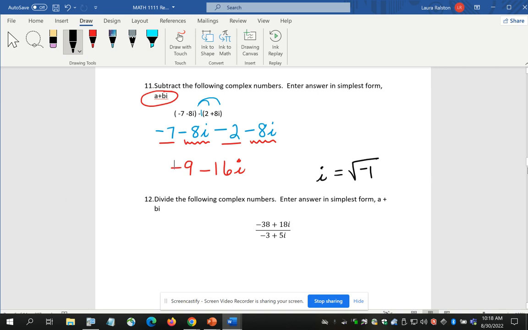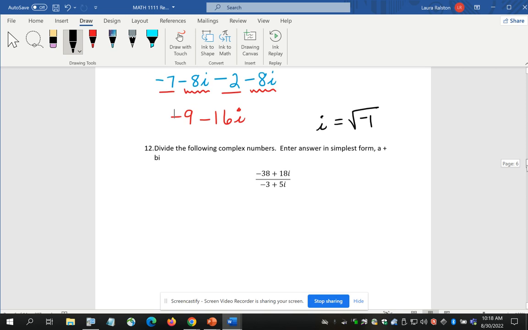So when we divide these complex numbers, we use that same technique: we're going to rationalize the denominator. Okay, because I've got to get the i out of the denominator.